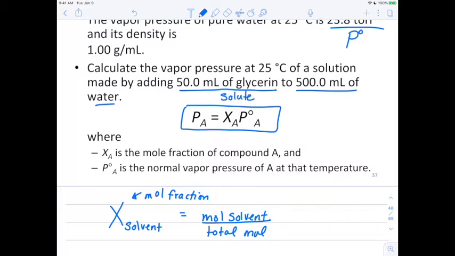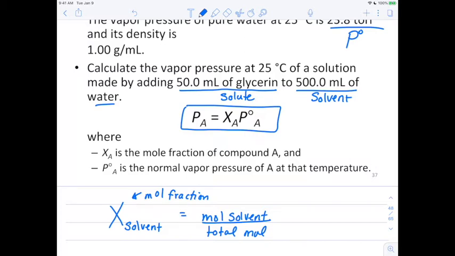So this is indeed our solute. Any questions about how we figured out glycerin is the solute? So way back when we said whatever we have more of is the solvent, and what we have less of is the solute. So that's how we would know that glycerin is the solute, while water is the solvent.